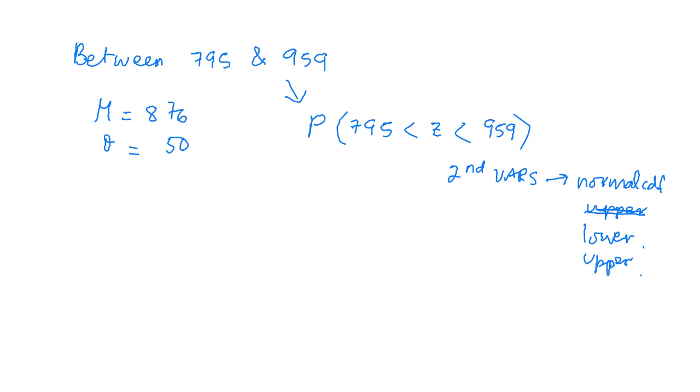For the lower, I have 795, then 959, mean 876, standard deviation is 50. I got 0.8989. Sounds good. 89.89%.